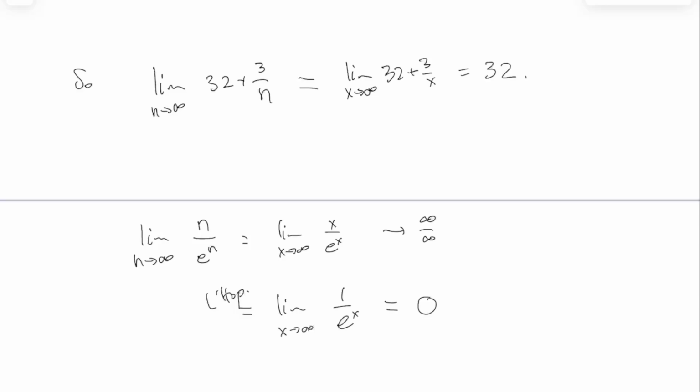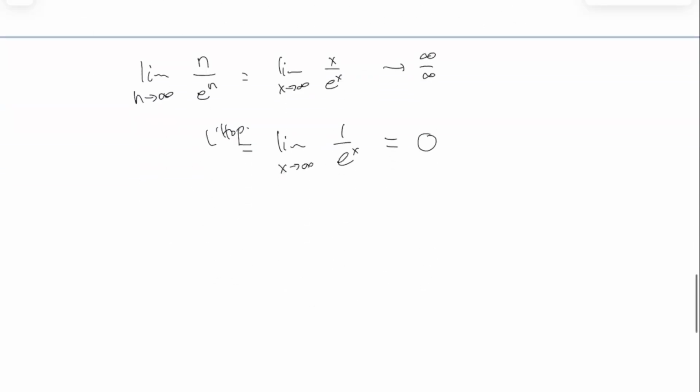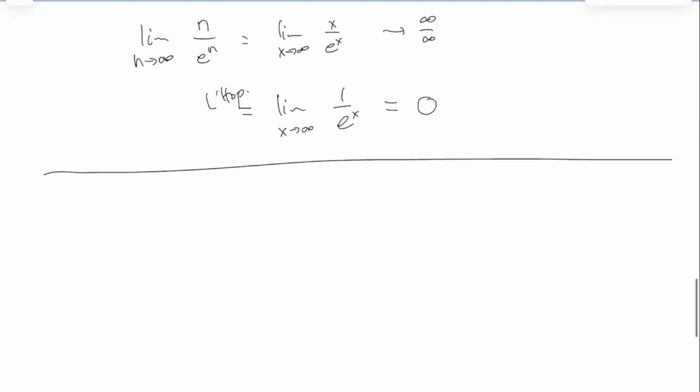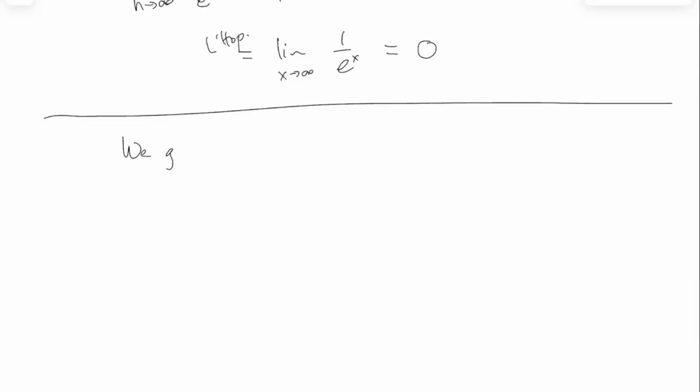All right, and so maybe I might as well just say this. Because of all of that, we get all of our favorite limit rules from the usual continuous functions.